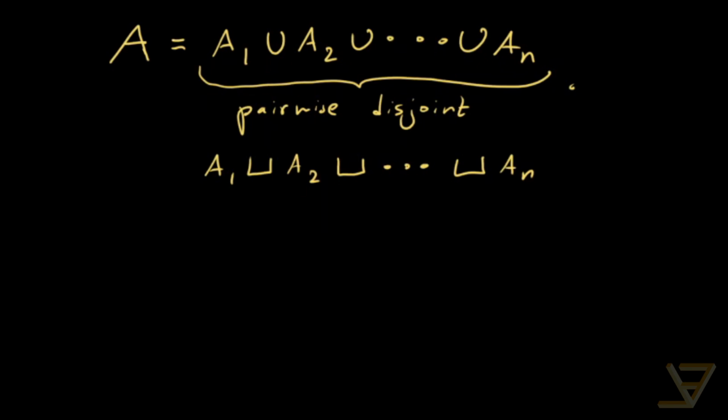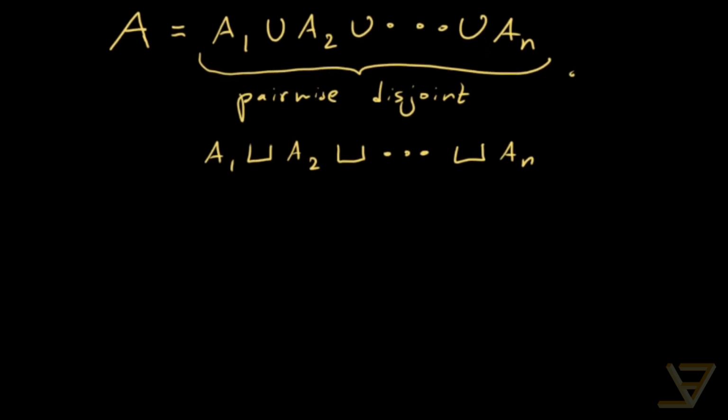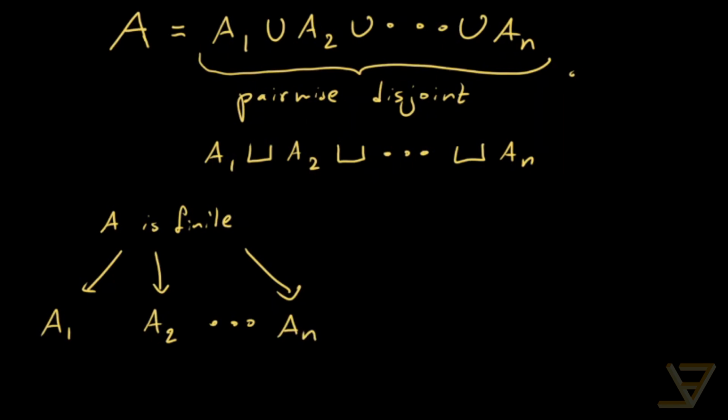But as you probably know, there is a sort of secret task in combinatorics where you actually have to prove something is finite before determining its cardinality. So it can go in one of two ways. You can know that A is finite, and that leads to A1 is finite, A2 is finite, all the way through to AN is finite.